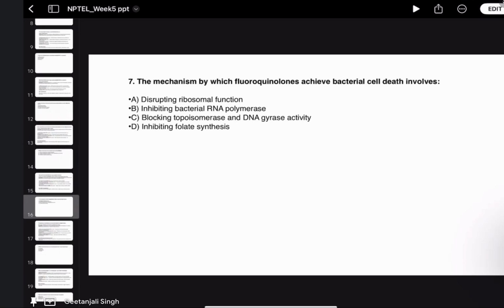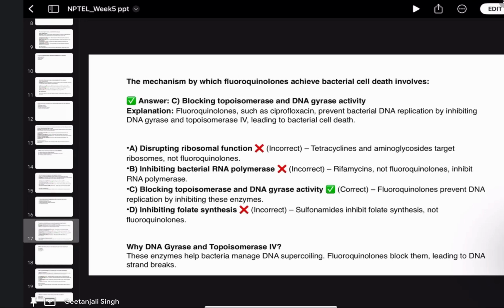Yes, the correct answer is C, blocking topoisomerase and DNA gyrase activity. Fluoroquinolones such as ciprofloxacin prevent bacterial DNA replication by inhibiting DNA gyrase and topoisomerase 4, leading to bacterial cell death.